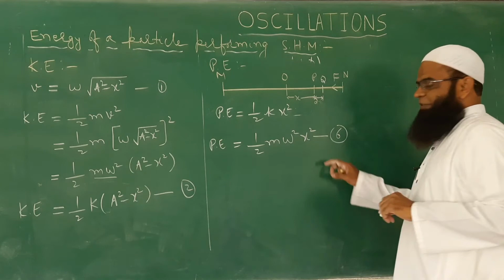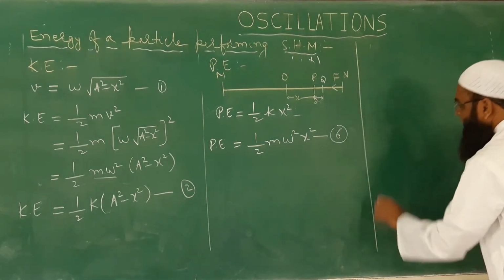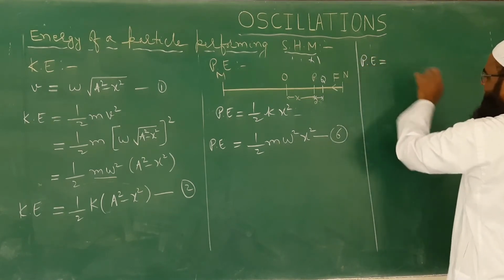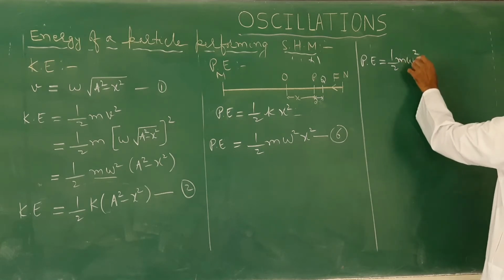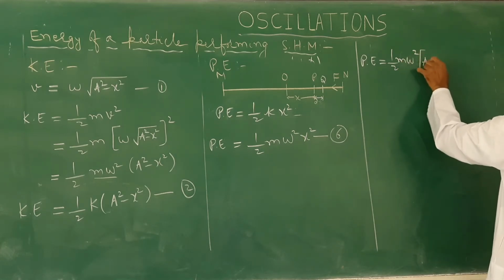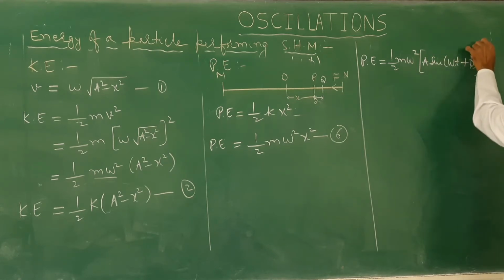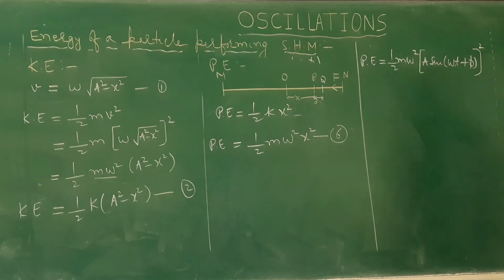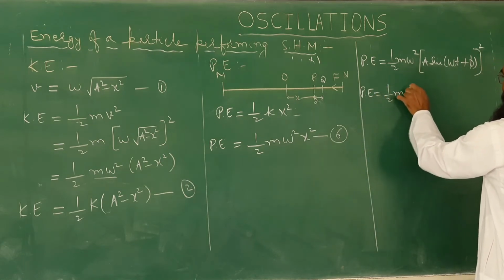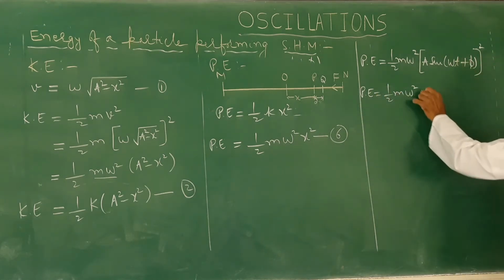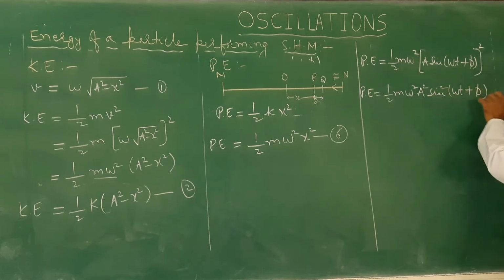So in terms of displacement at time t, we can also write potential energy as half m omega square, and in place of x we write a sin(omega t plus phi), squaring the bracket: potential energy is half m omega square a square sin square(omega t plus phi).